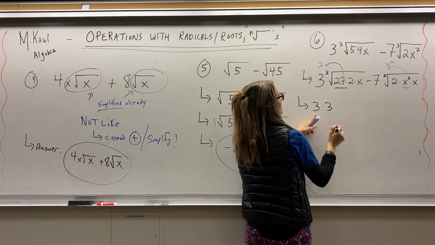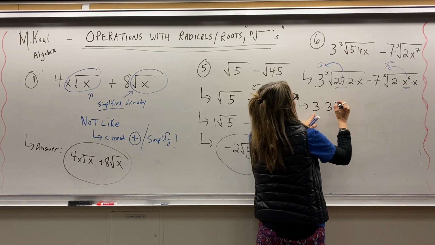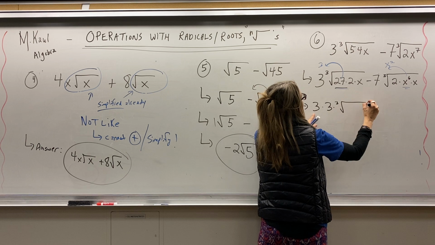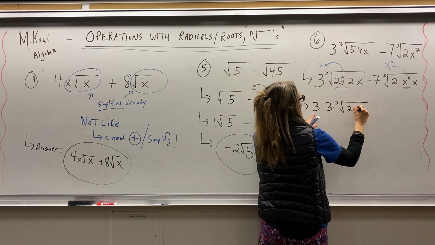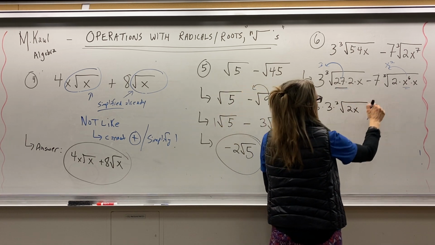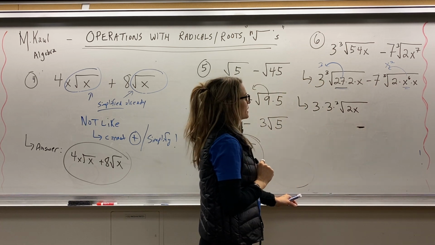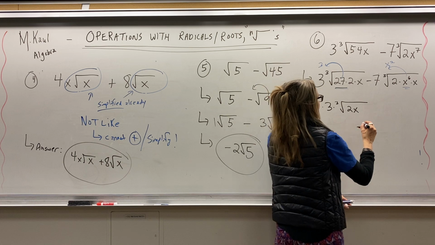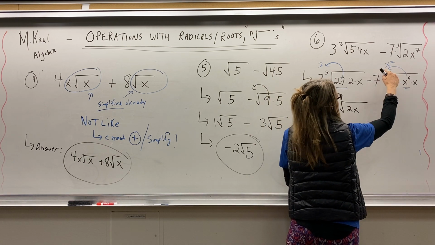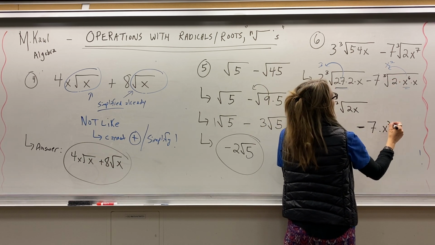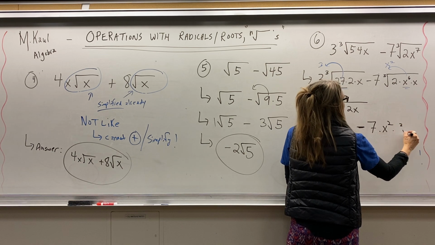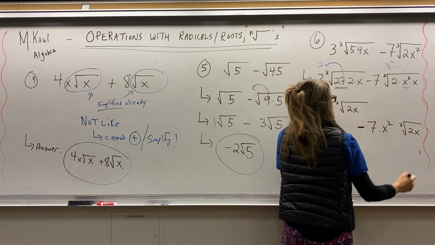Okay, so rewriting this, we get 3, and then we're left with 3 times what this becomes outside, 3 times 3 by our rules of multiplication, and then times the cube root of 2x. Now I'm going to put this part a little down here, so I give myself a little good space, and this becomes minus 7 times the x squared times the cube root of 2x.